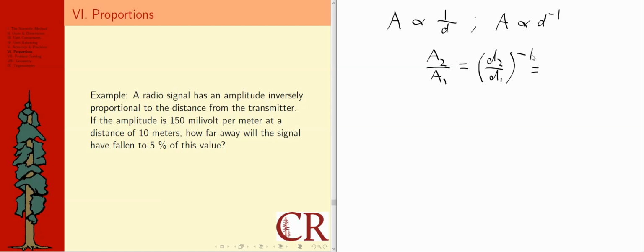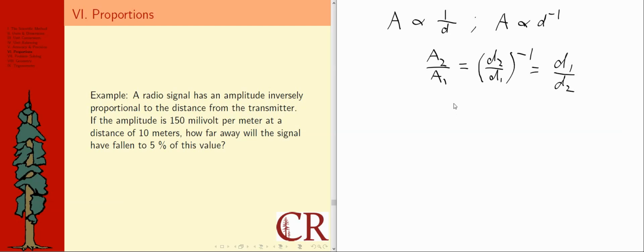But when you apply that exponent to a ratio like this, it's just the reciprocal. So you just get D1 over D2, which is just the same as 1 over the fraction D2 over D1. So we're still doing really just 1 over there.